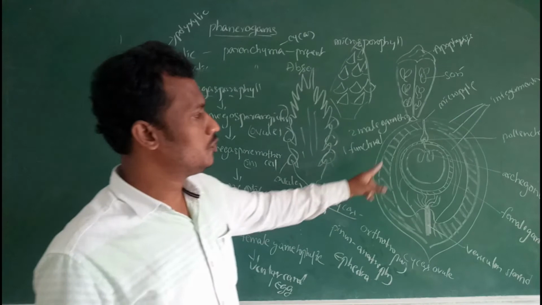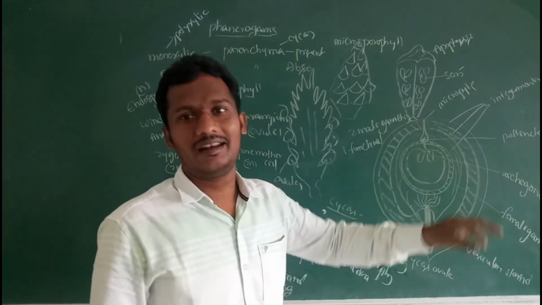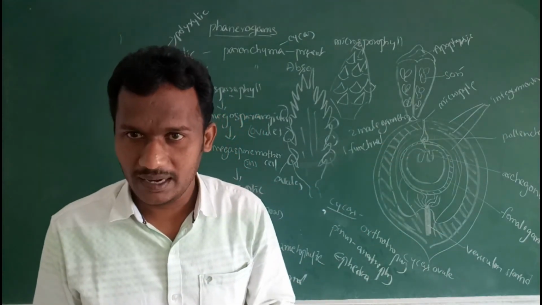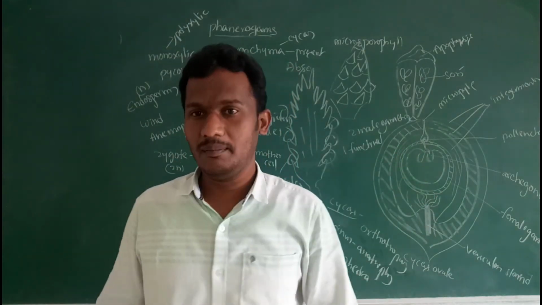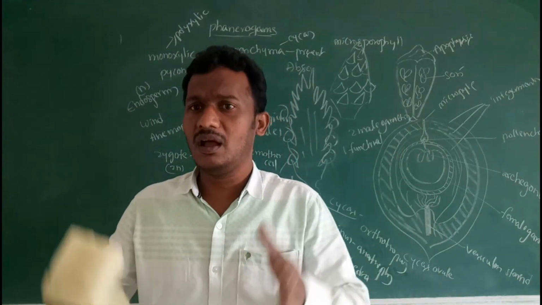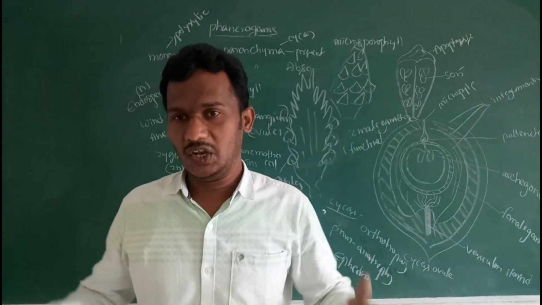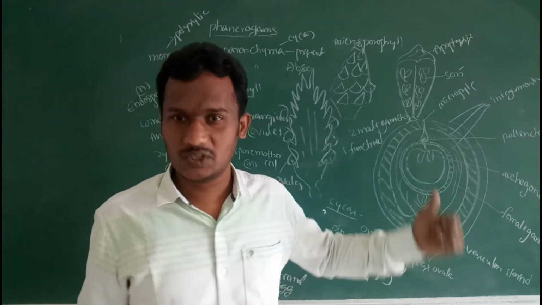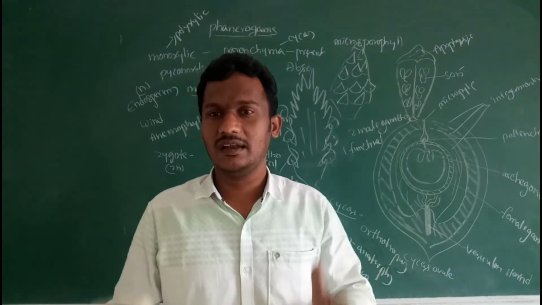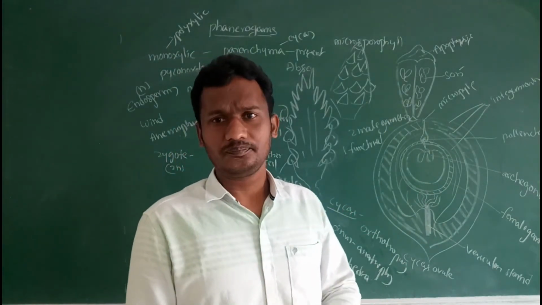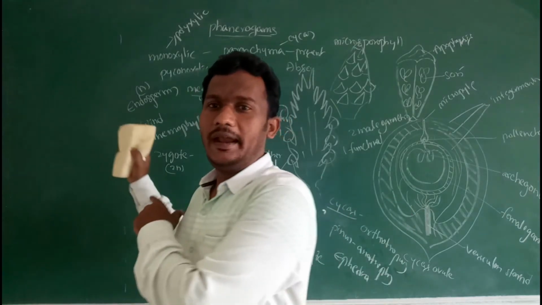When the pollen tube reaches the archegonium, it releases the male gametes. Why before fertilization? Because a huge amount of food material is stored in the female gametophyte. That's why, before fertilization, it develops into endosperm.